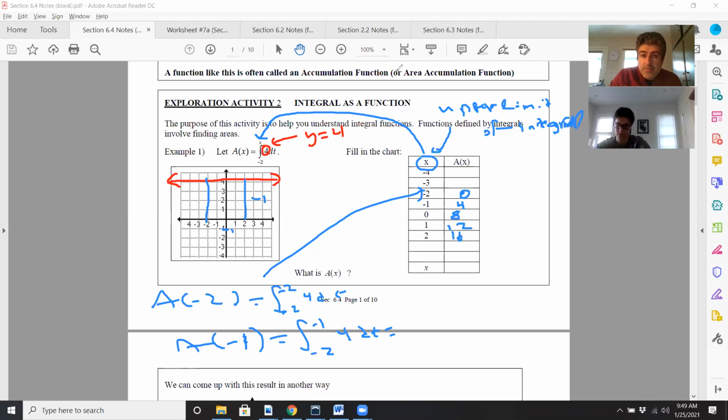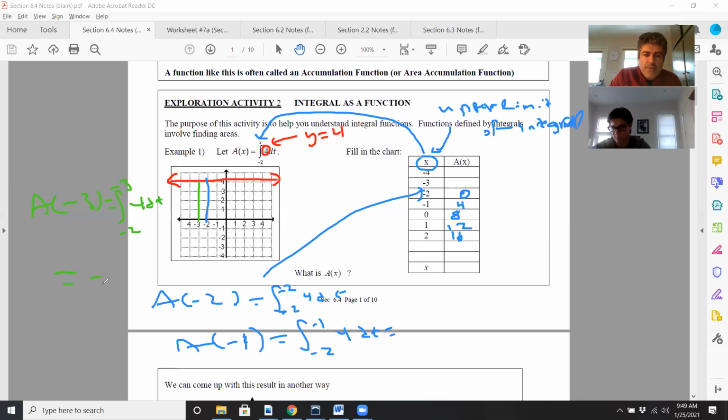Let's go the other direction. What if I sweep from -2 to -3? So remember we talked about this? If I were to do A of -3, so now I'm going from -2 to -3 of 4 dt.